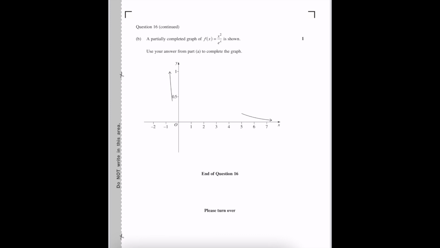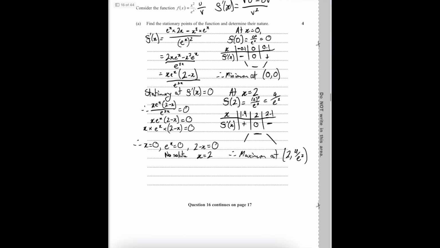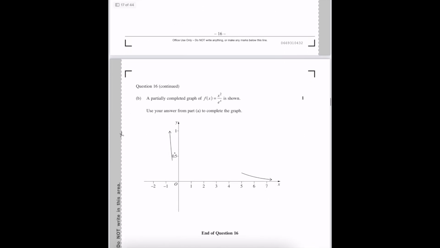So they give us some hints saying that everything before this point is just going to increase upwards like that, and everything after this point here is going to trend down towards 0, down towards that asymptote of 0 there. Now what we've done in part A is find a minimum at 0, 0 and a maximum at 2, 4 on e squared.